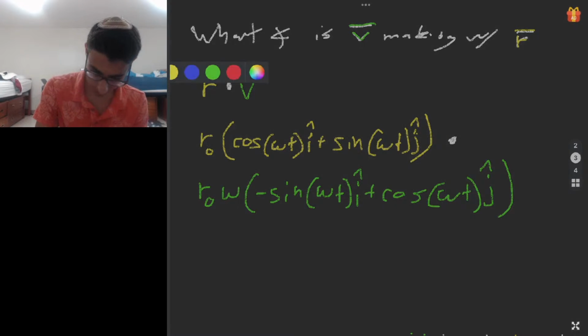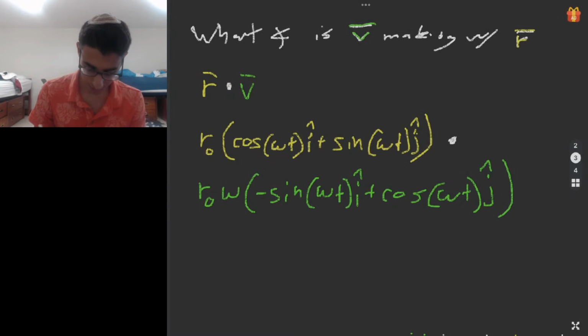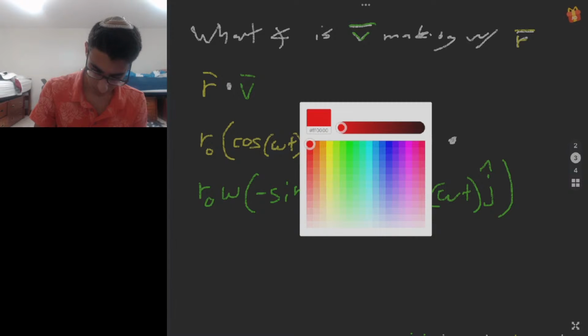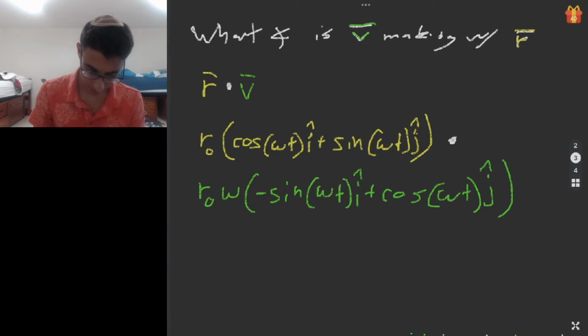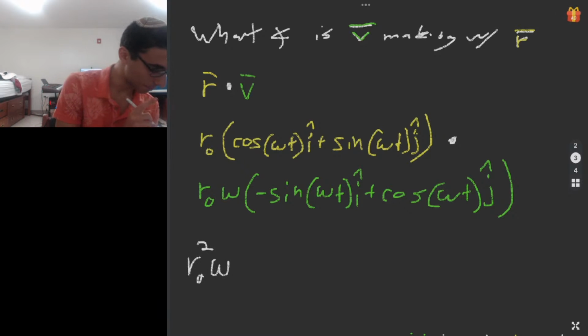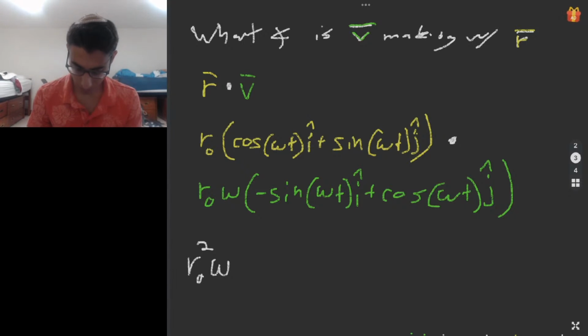That's going to give us R naught omega squared, because it's R naught, no, I'm sorry, backwards. It's R naught squared times omega. My bad.